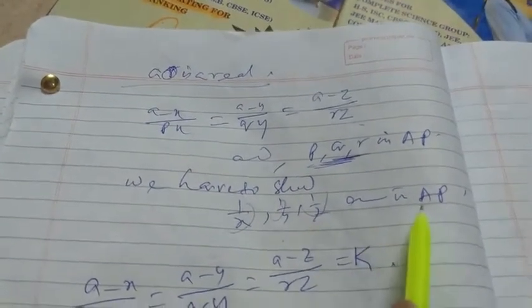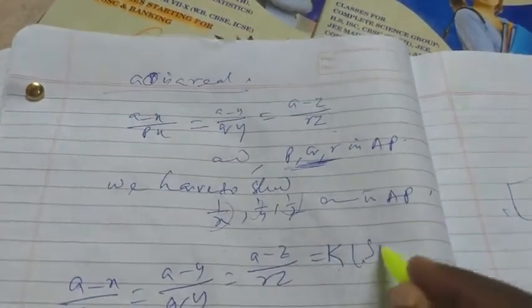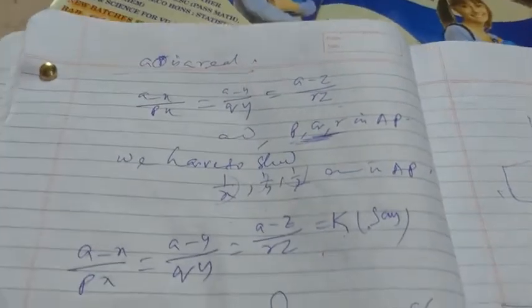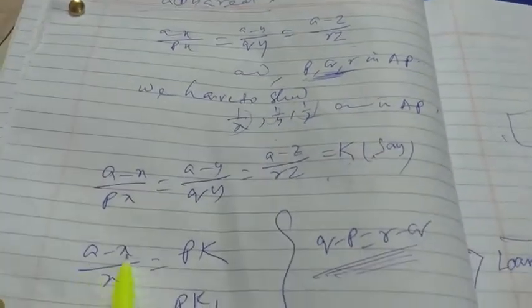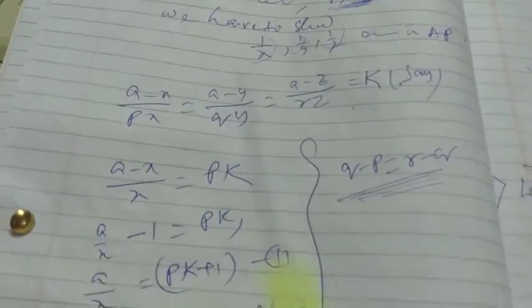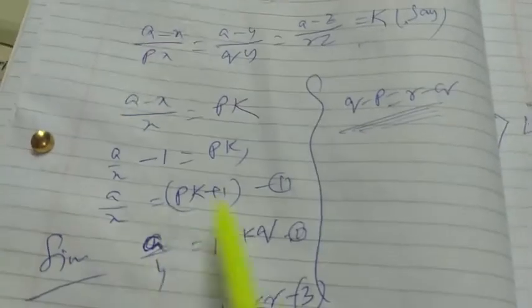We have to show this. Given the relation, let us assume it is equal to k. From the first, with k, then (a minus x) by x equal to pk, and a by x minus 1, so a by x is equal to pk plus 1. So this is number 1.